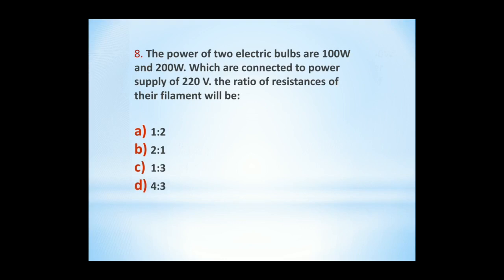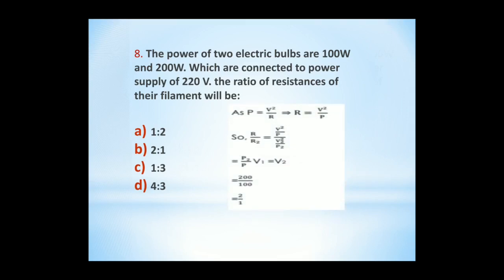In the given question, we have power of two electric bulbs which is 100 watt and 200 watt. Voltage of power supply is also given, that is 220 volts, and we have to find out the ratio of resistances of the filament of the bulbs.